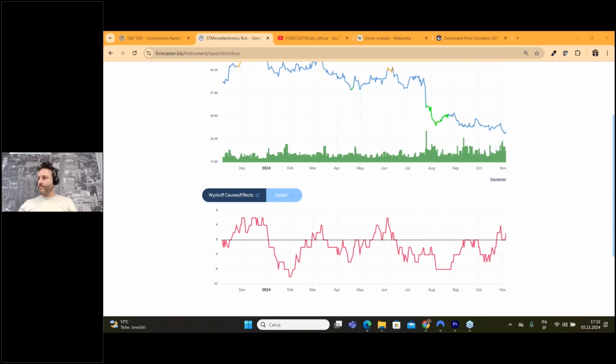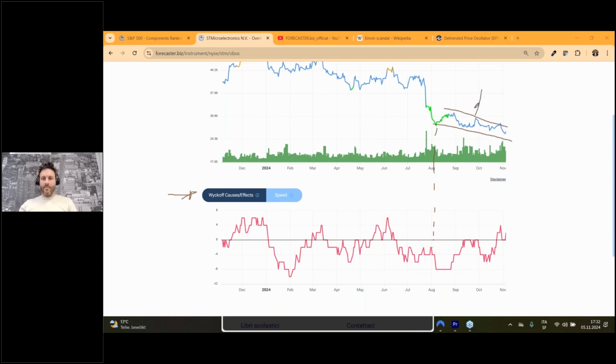And then we can also see this one. Look, it's very interesting because we can move to the indicator section where we can find something really interesting. Because look, starting from the low in August, we can see the prices went down.